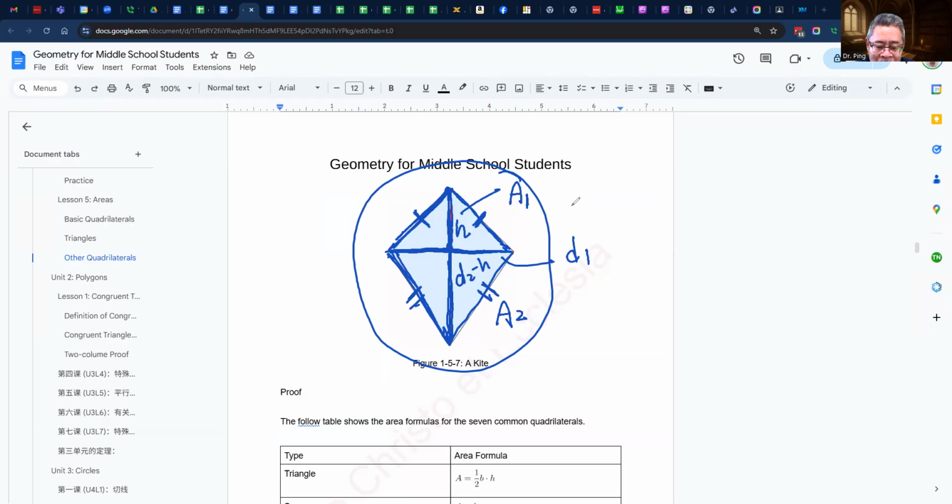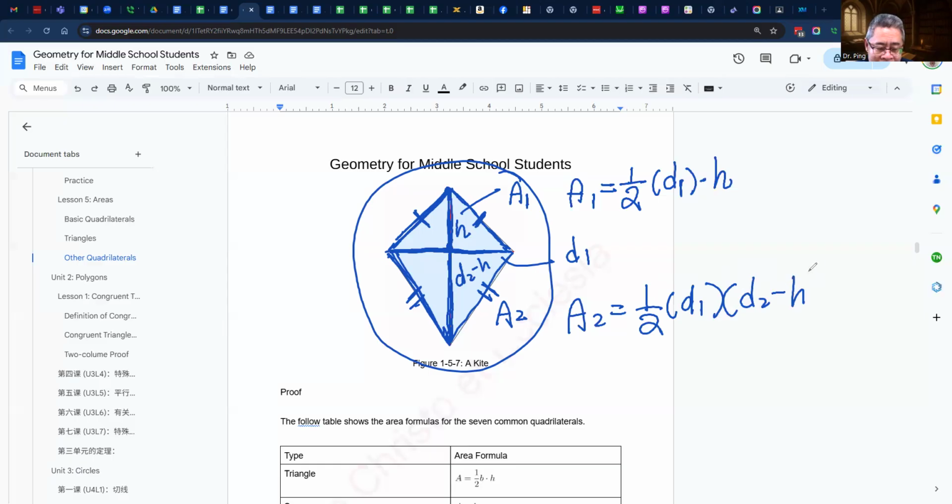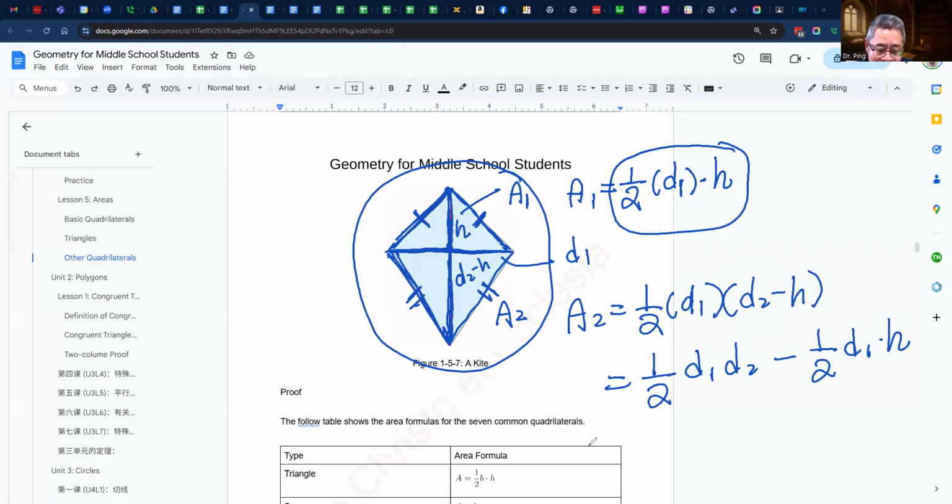Okay, so now let's see what our A1 is. A1 is equal to half times the base D1, then times height, which is H. And then A2 is also half times D1 and D2 minus H. Now you can see if we break the D2 into 2 parts, we got half D1 times D2 minus half D1 times H. Our total area will be A1 plus A2.